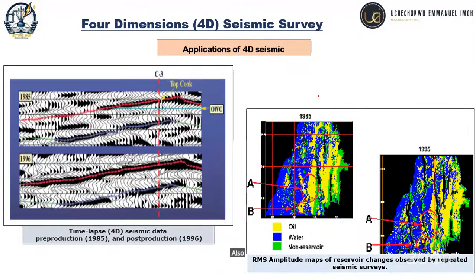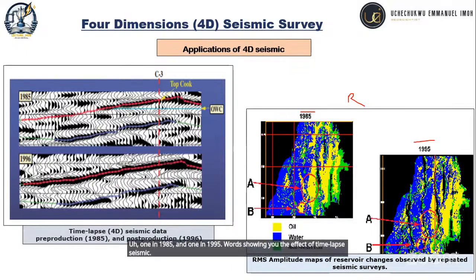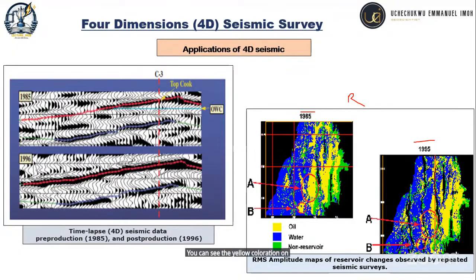Also, the image on the right, you can see these are amplitude maps, one in 1985 and one in 1995, both showing you the effect of time-lapse seismic. You can see the yellow coloration on the RMS amplitude map shows the area that is oil. That is for the 1985 RMS map.